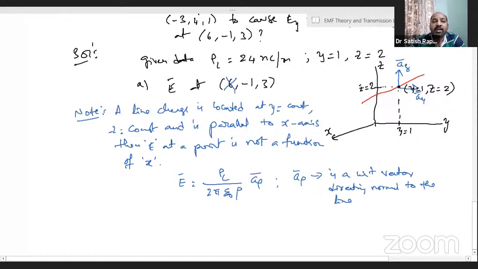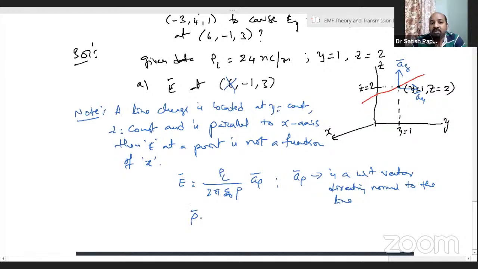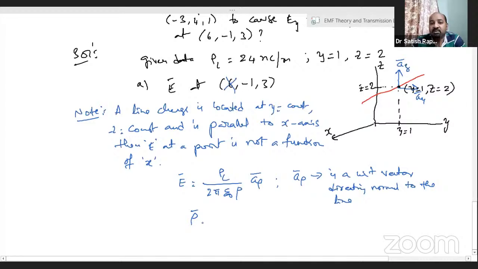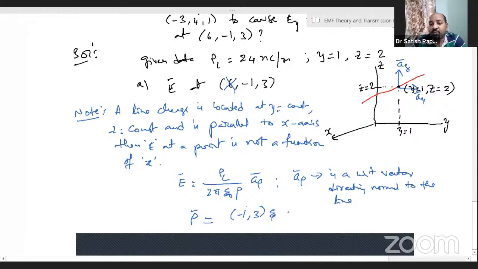So therefore, no need to consider x coordinate, right? Ignore x coordinate. So therefore, rho bar is the vector distance between the points (-1, 3) and the location of the point.